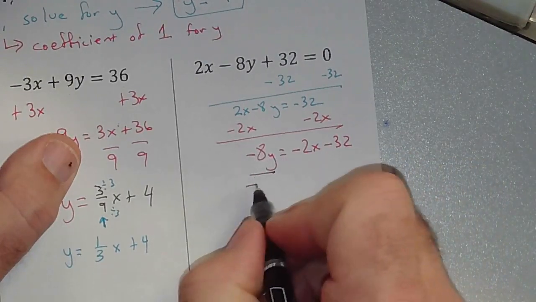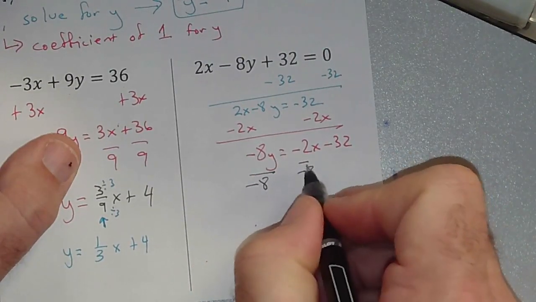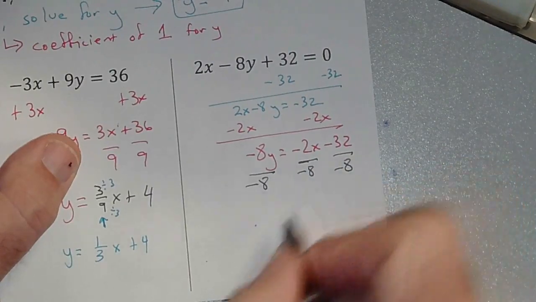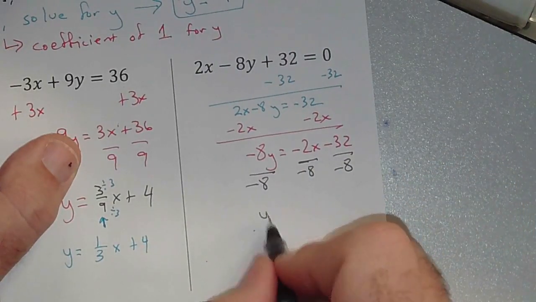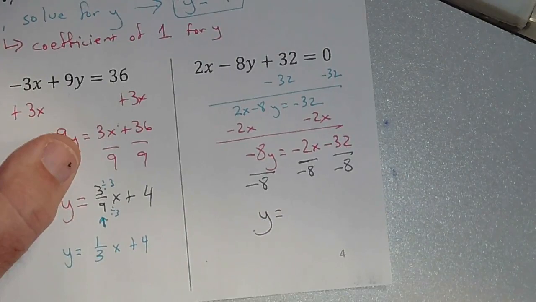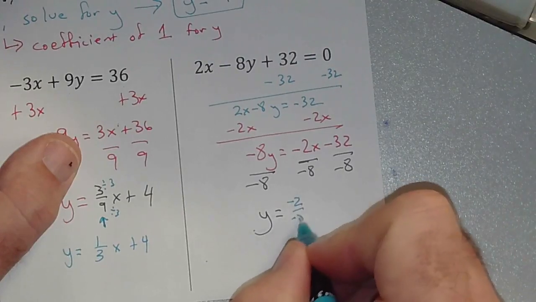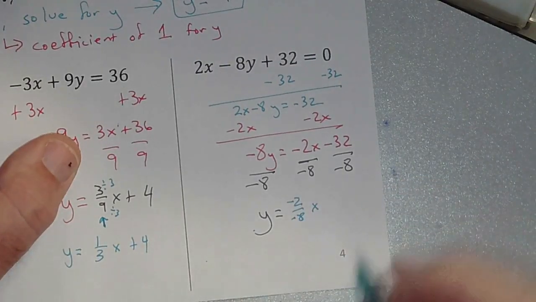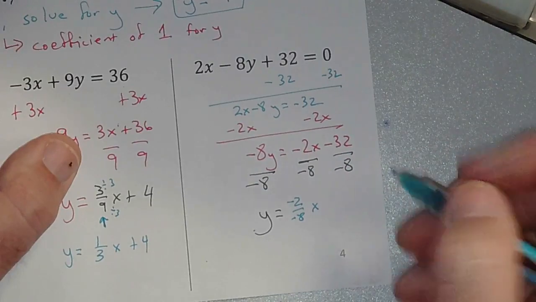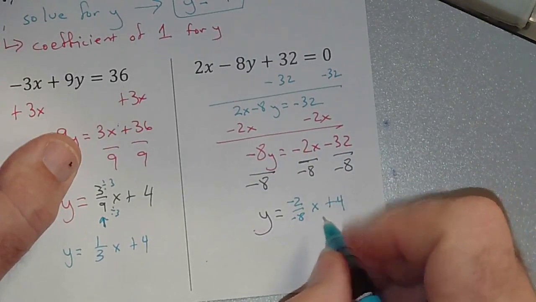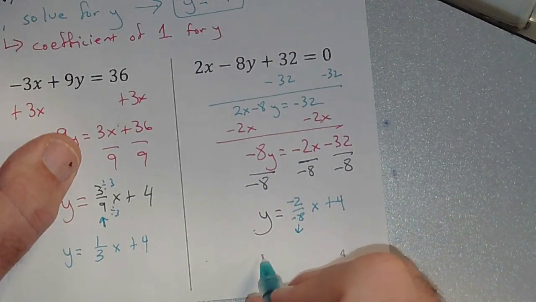We need 1y, so we're going to divide by -8, divide by -8, divide by -8. -8 divided by -8 is positive y. Now I've got a negative divided by a negative, so this is just going to be -2 over -8x. How many -8s in -32? There are 4.